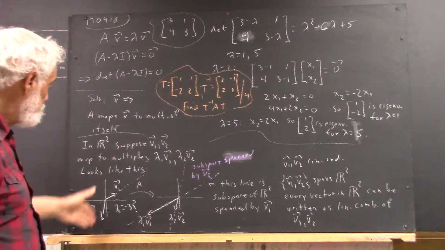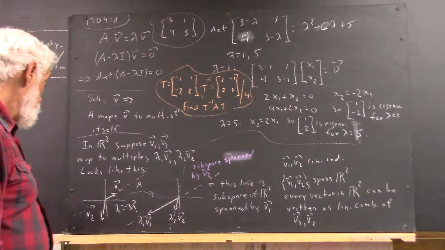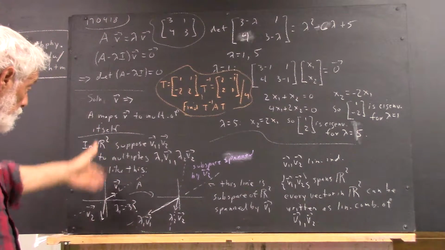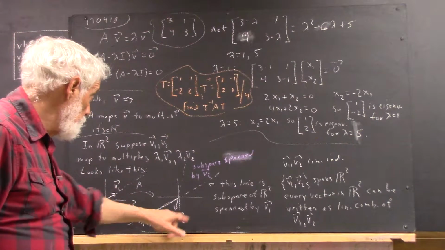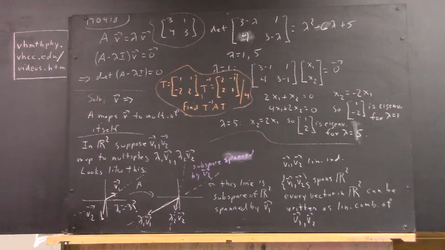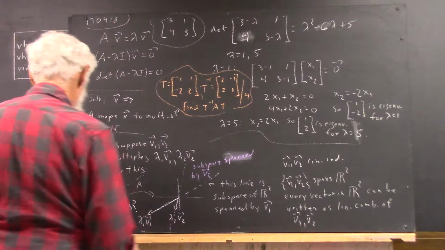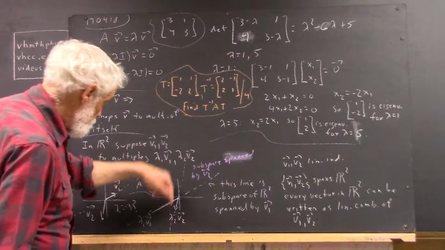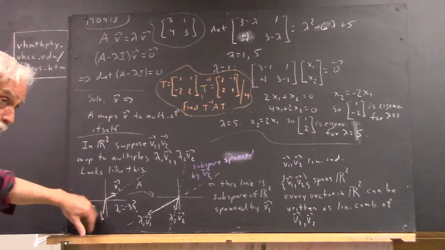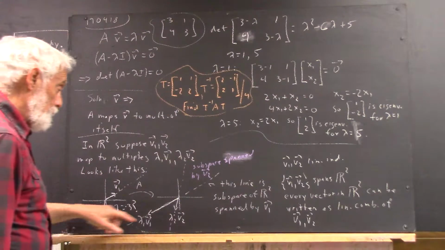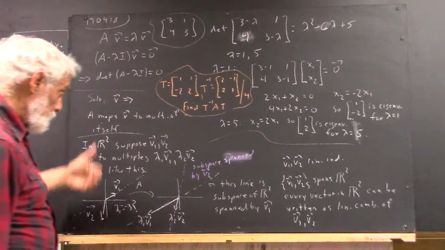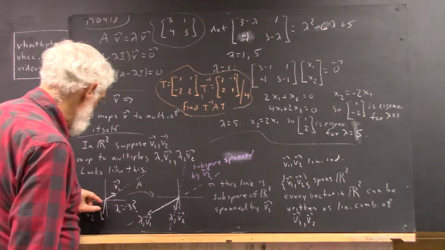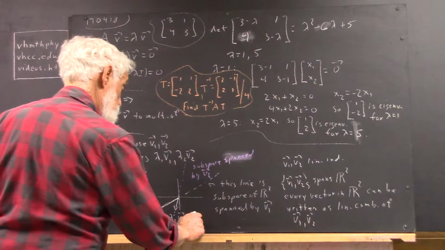Okay, well v2 lies along this line, so any multiple of v2 is going to have to lie along this line. So if this is our multiple of v2 that we get from the transformation A, then it looks like v2 is in the same direction, not the direction opposite v2. Sorry, lambda 2 v2 is in the same direction, not the opposite direction. And it looks like it's about maybe half as long.